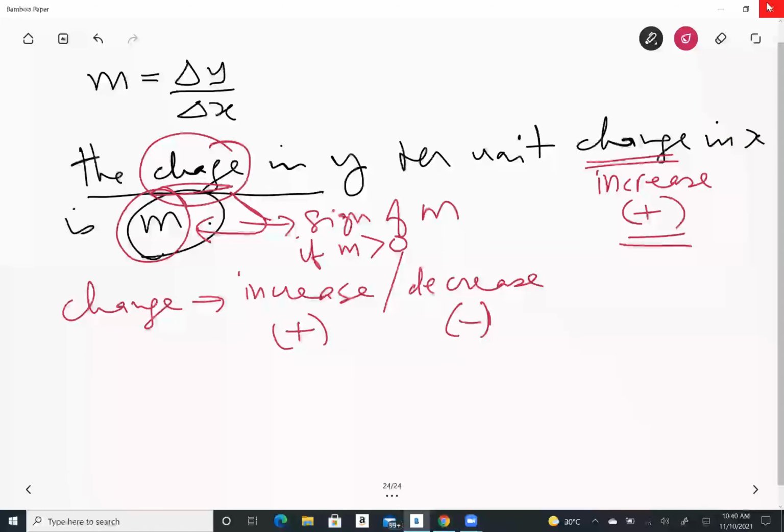That will be determined by the sign of m. So if m is positive, what about the change in y? Is it an increase or a decrease?